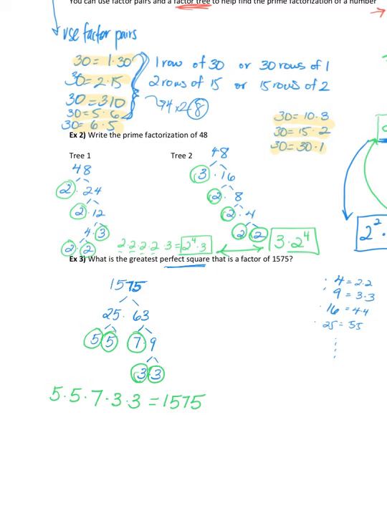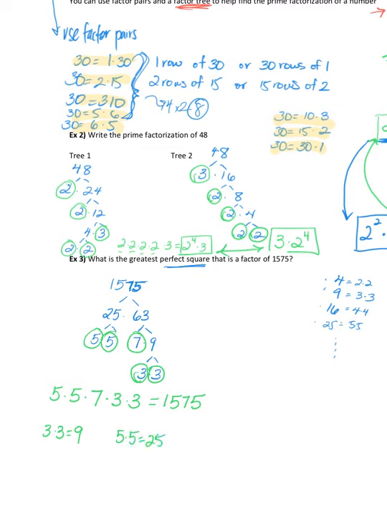We want to know the greatest perfect square that is a factor. So we just worked with some prime factorization. The prime factorization shows that this 1,575 has 3 factors other than 1 that are perfect squares. So we had 3 times 3, that got us 9. That was a factor. We had 5 times 5, that gave us 25.